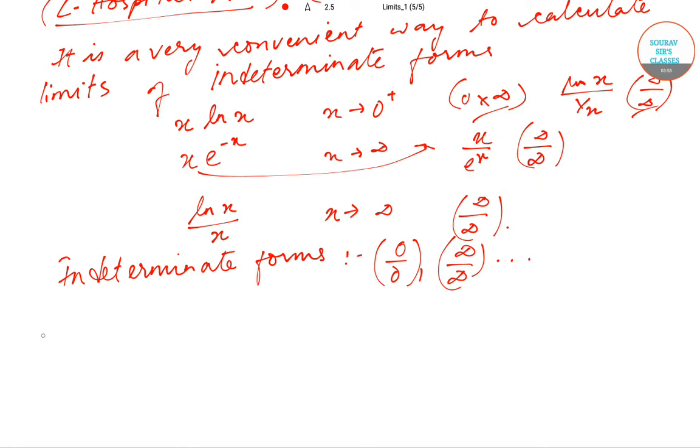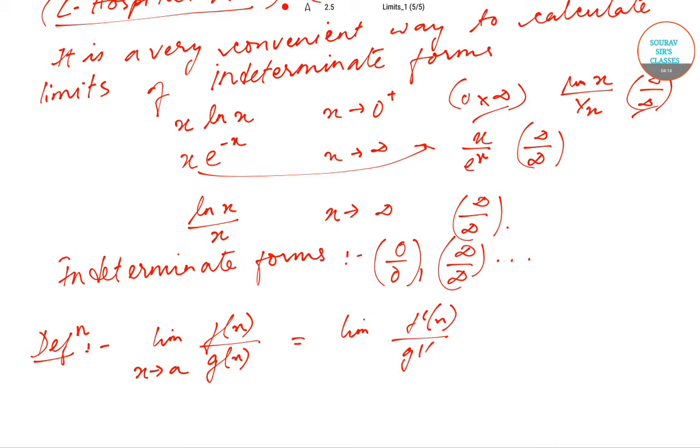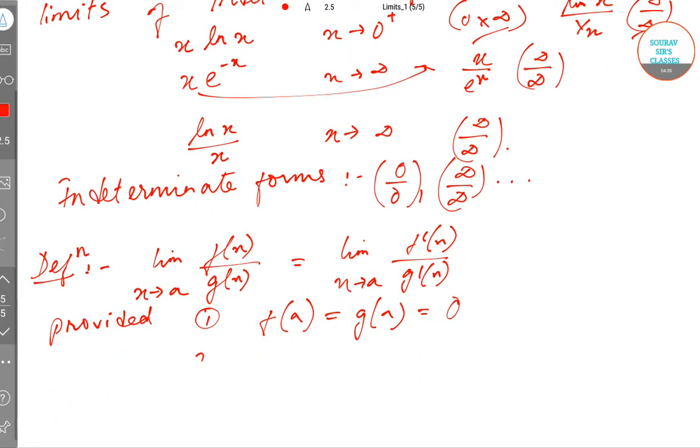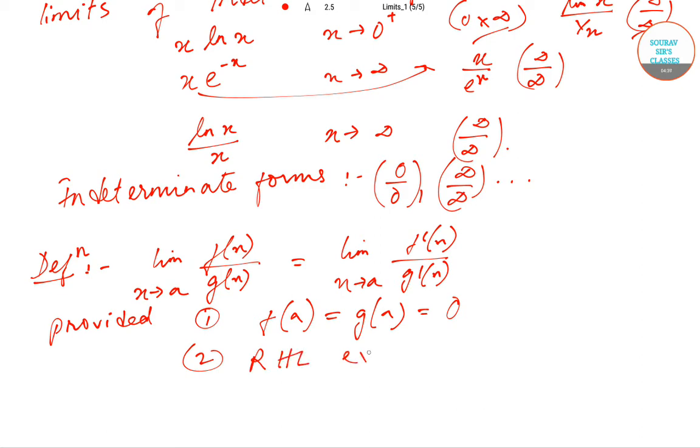By definition, the limit of f of x by g of x as x tends to a is equal to the limit of f dash x by g dash x as x tends to a, provided condition 1 is that f of a is equal to g of a, which is equal to 0, and the second condition is that the right hand limit exists.